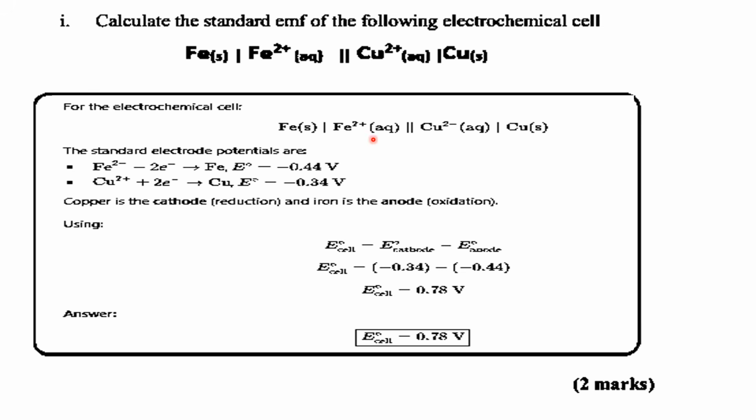So for this cell here, the standard EMF is simply going to be the EMF at the cathode, where reduction is happening, this one, minus the EMF at the anode, where oxidation is happening, which is minus 0.44.